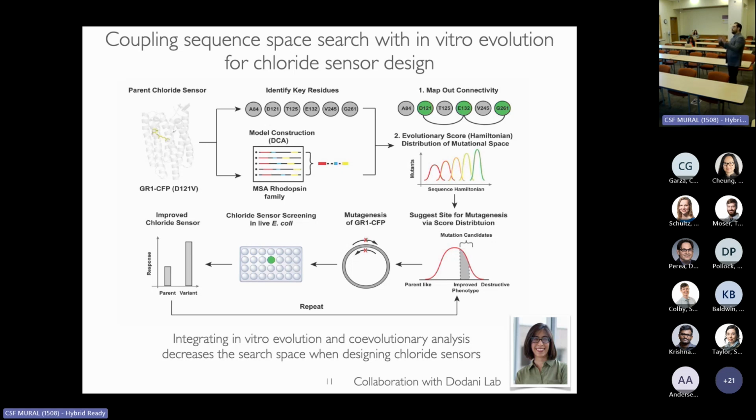So what we did is something along the same lines as my previous project, where we looked at the family and found the residues that are tightly connected, and among those was this 121 residue that actually led to this neo-functionalization, okay? So what we can do now is take the top residues that form a network of coupled pairs, and look at how in silico mutations could affect its statistical energy.